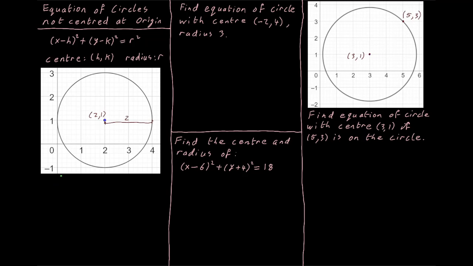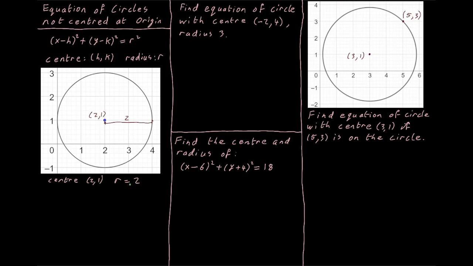So we want to know the equation of a circle that has a center at 2, 1, in the door 2, up the stairs 1, and a radius of 2. So our center is going to be at 2, 1, and our radius is going to be 2.